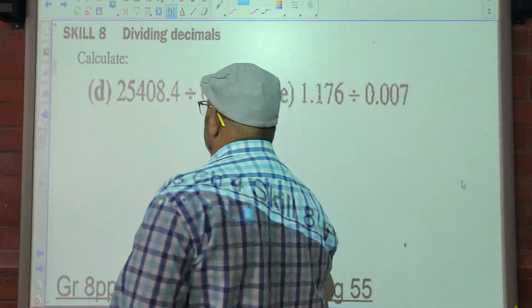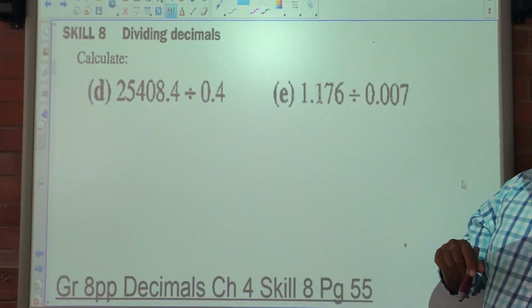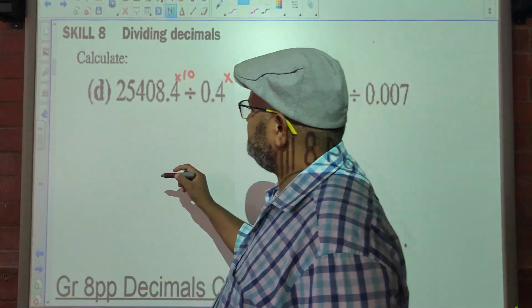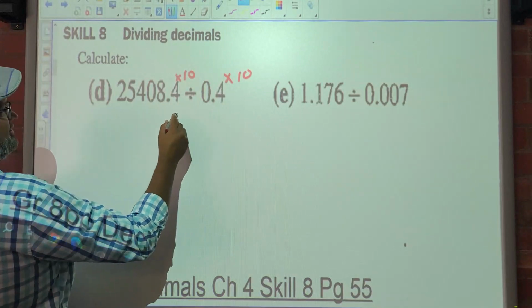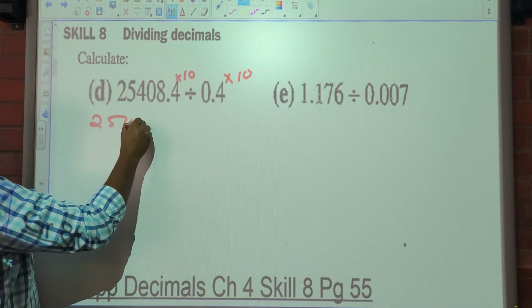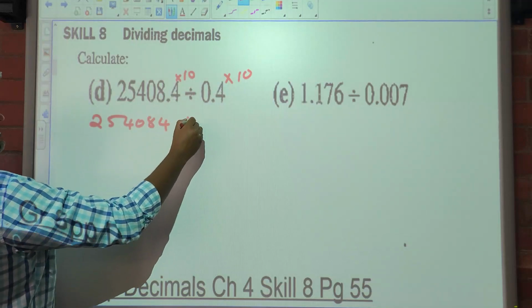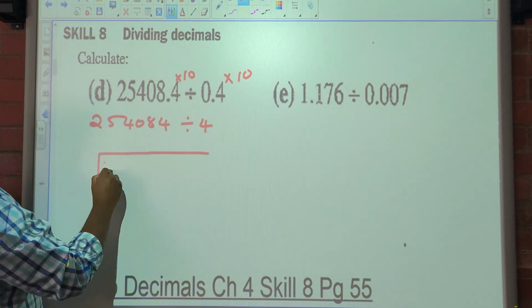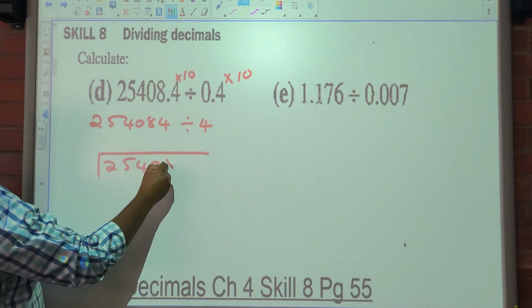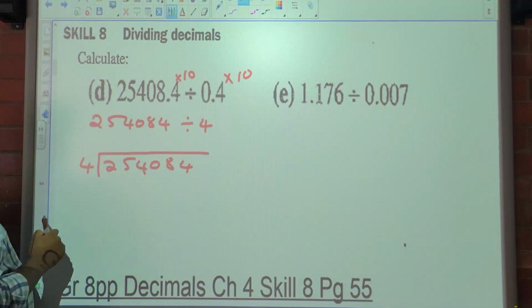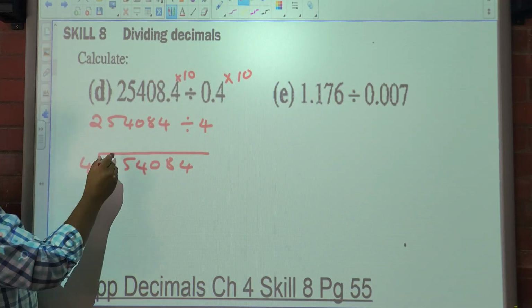Right, let's do the next one. Let's multiply this by 10. And this, 10 as well. So this is, in other words, 254084 must be divided by 4. So we got 254084 divided by 4. So 4 going into 25 how many times? 6.